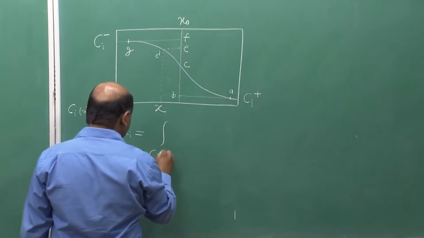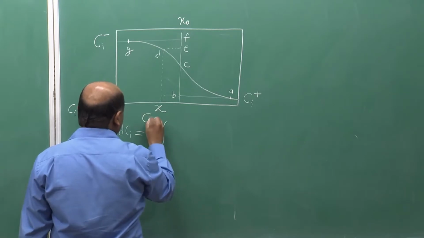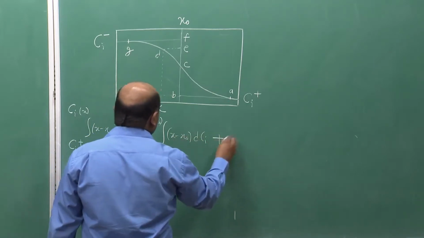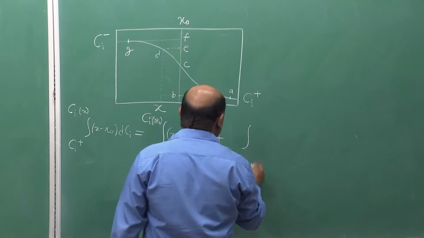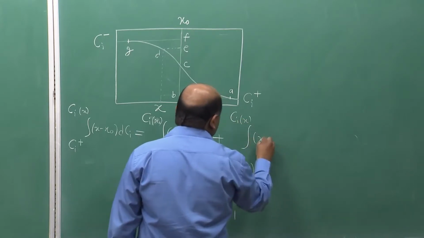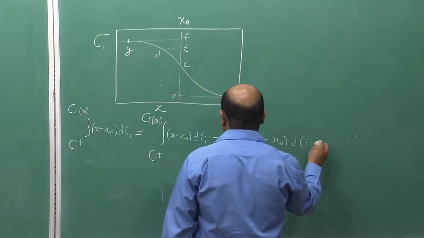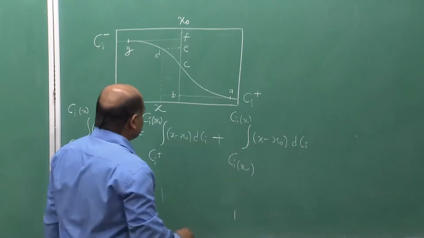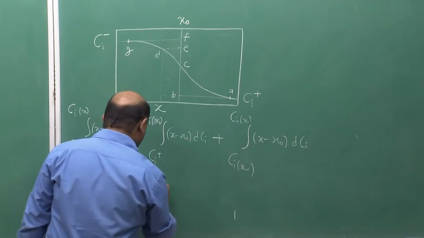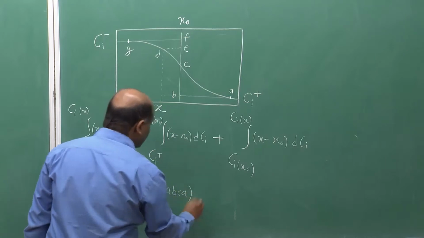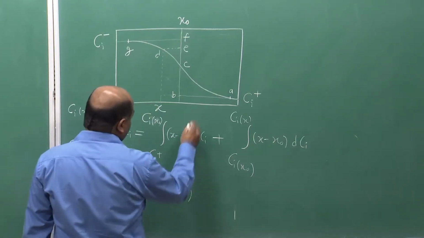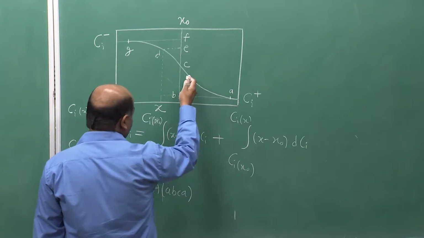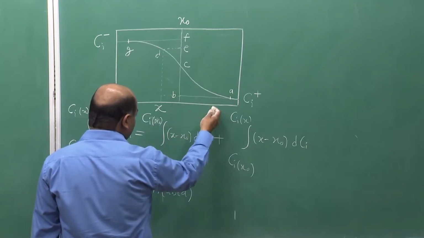You can write the integral from C_i plus to C_i at x naught of (x minus x naught) dC_i plus the integral from C_i at x naught to C_i at x of (x minus x naught) dC_i. This first integral is nothing but area ABC, and the sign: you are integrating from the right, dC_i is positive because going from right to left C_i is increasing, and x minus x naught is also positive on the right side of the Matano plane.